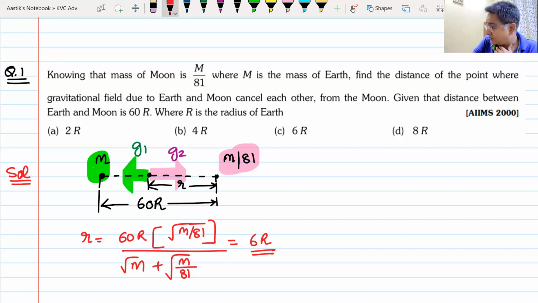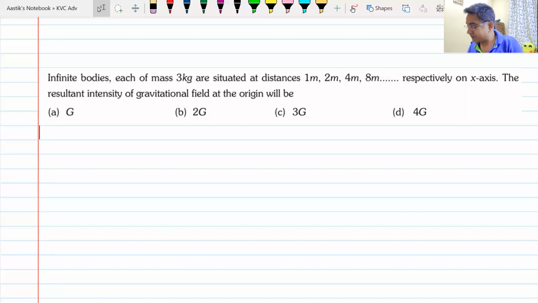And this is the next question, and let's see if we can do this one. Infinite bodies. You can have the same question in the exam, you never know. Infinite bodies, each of mass 3 kg, are situated at distances 1 meter, 2 meter, 4 meter, 8 meter, 16, 32, and so on on the x-axis.